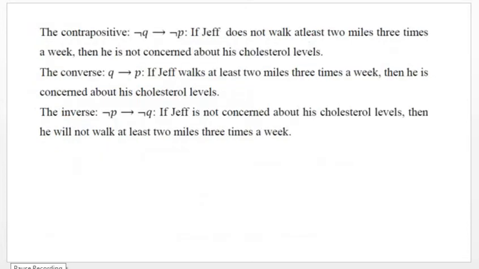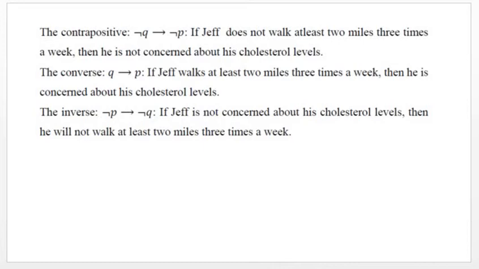The contrapositive of this conditional proposition is negation Q implies negation P. That is, if Jeff does not walk at least 2 miles 3 times a week, then he is not concerned about his cholesterol levels. The converse is Q implies P.